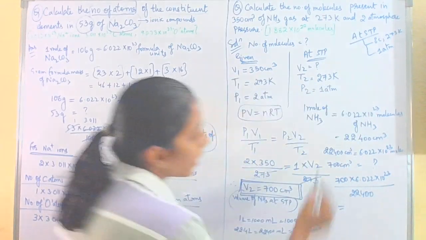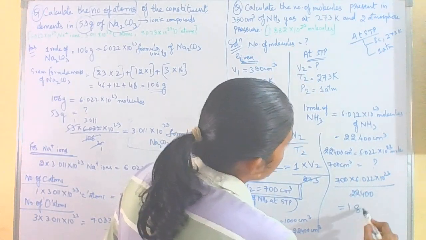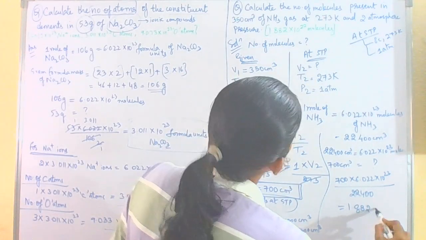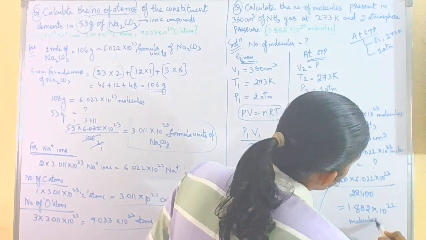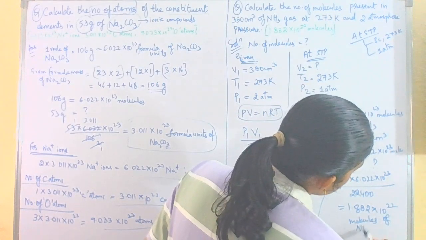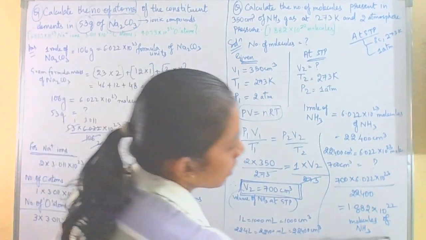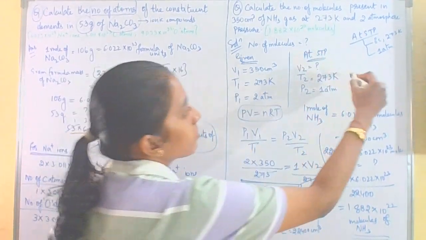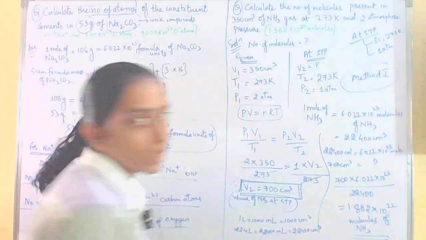So our final answer will be 1.882 into 10 to the power 22 molecules of ammonia NH3 present. Okay. Now this is method 1. This is how you solve. There is another method.